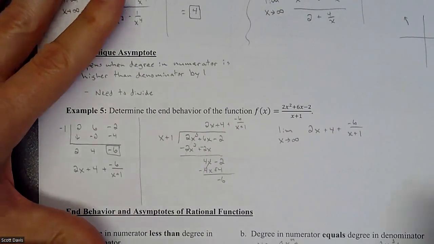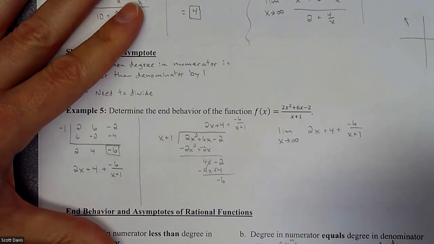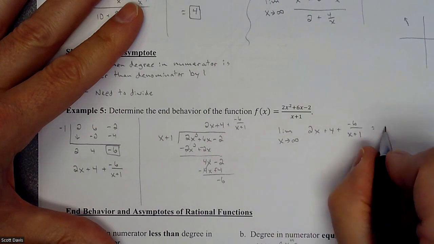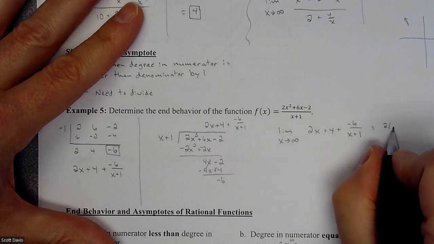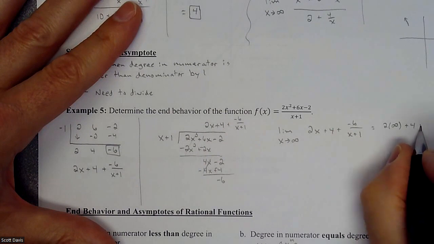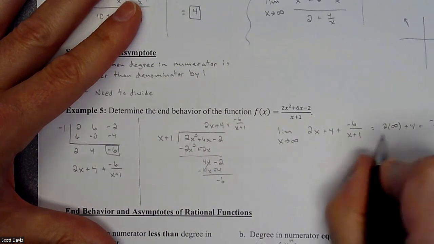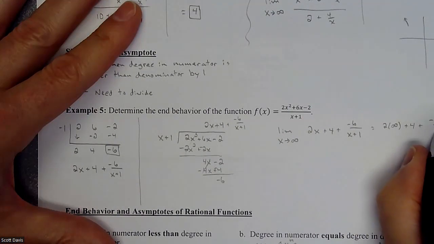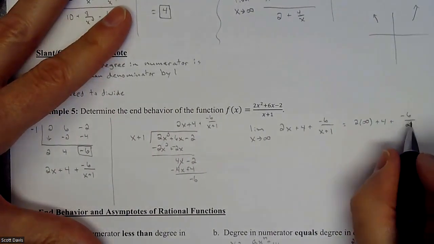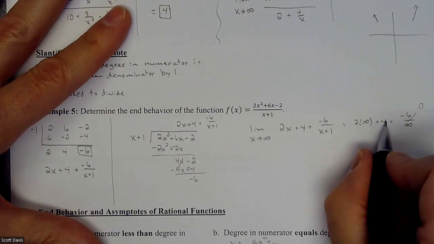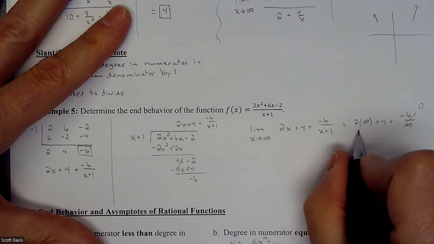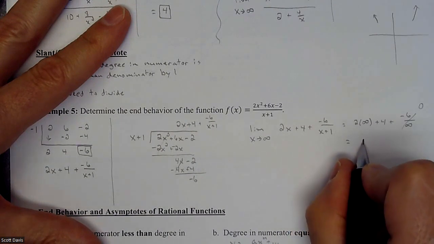If I do the limit, I'm plugging it in. So if I plug it in, I'm getting 2 times infinity plus a 4 plus a -6 divided by an infinity. This is going to be approaching 0. This is just a 4. The piece that matters is that 2 times infinity is a positive something very large.